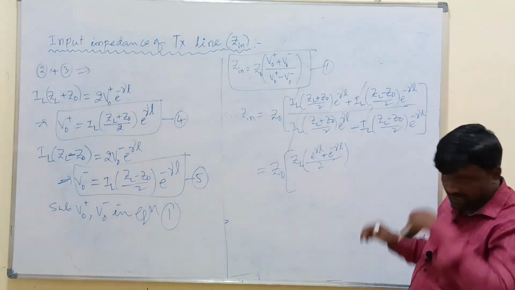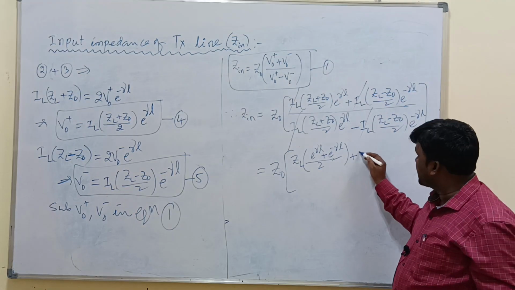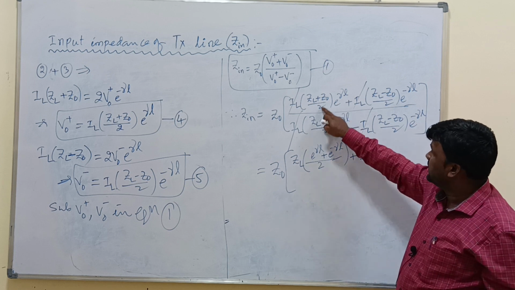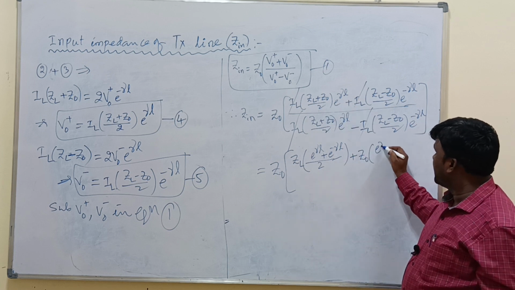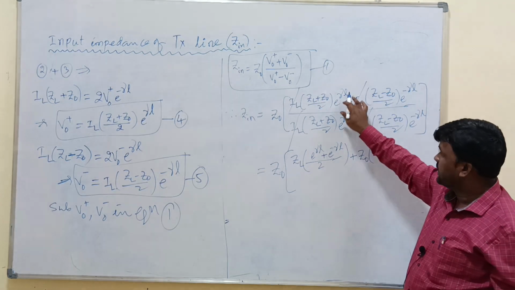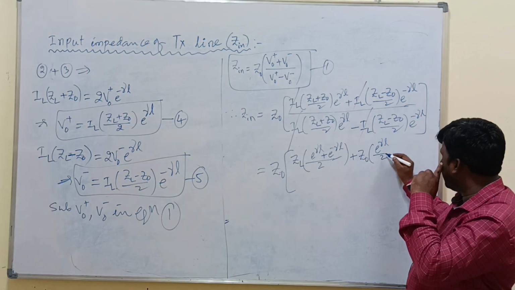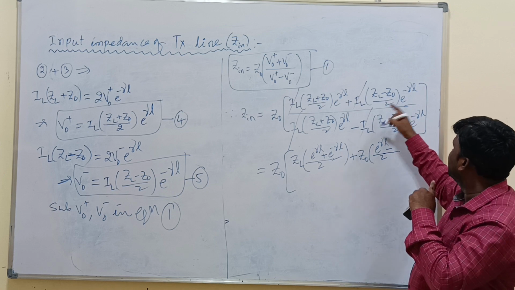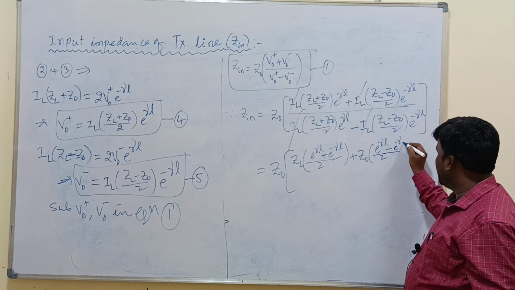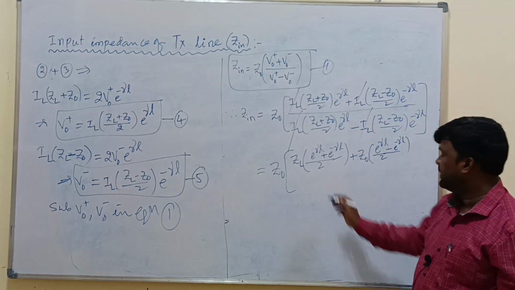So that by 2 is common. Next Z naught terms, what are the Z naught terms you have? Here Z naught, that is e to the power gamma L by 2. Let us take Z naught as common, e to the power gamma L by 2. Here remaining is what, minus, as it is minus, here you have minus e to the power minus gamma L by 2.